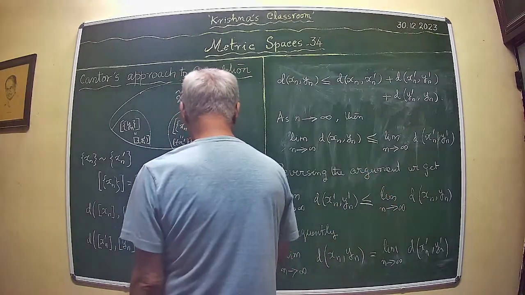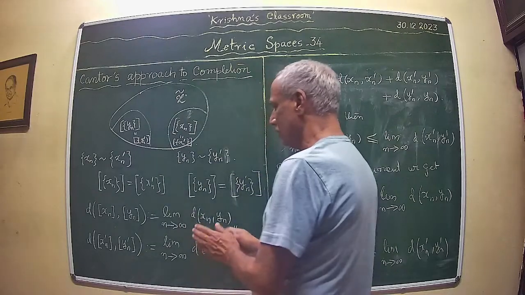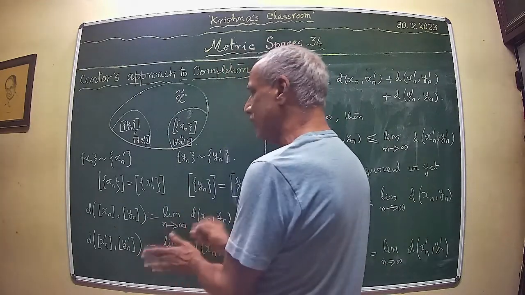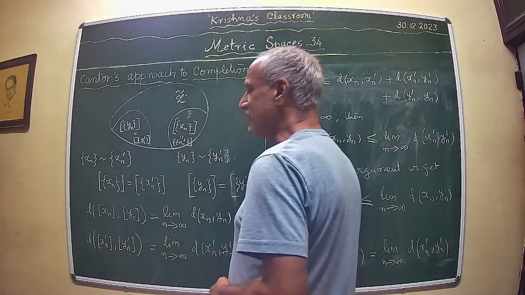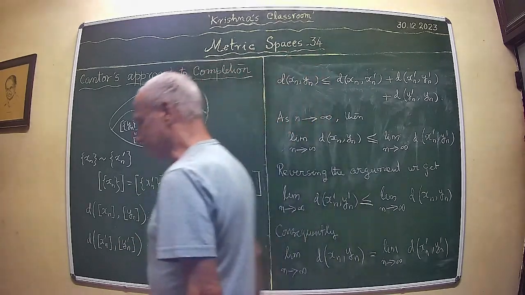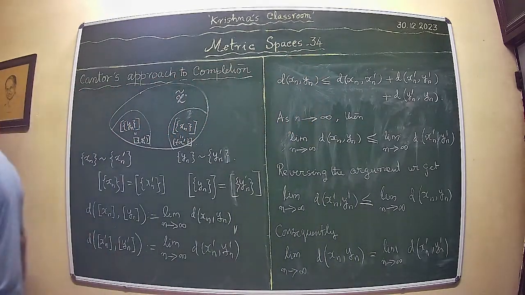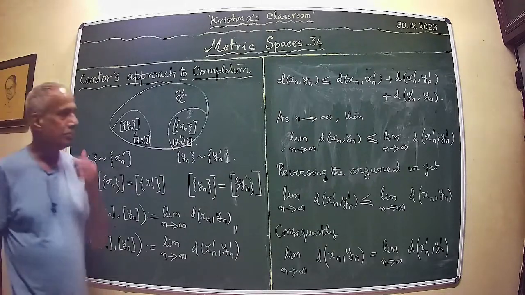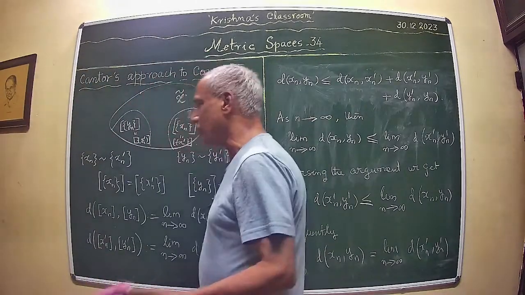So this is what we prove. Therefore, the distance is well defined. It is not dependent on what representation you use to designate the particular block. That's the outcome.